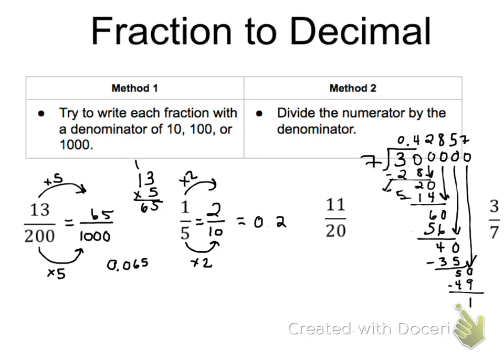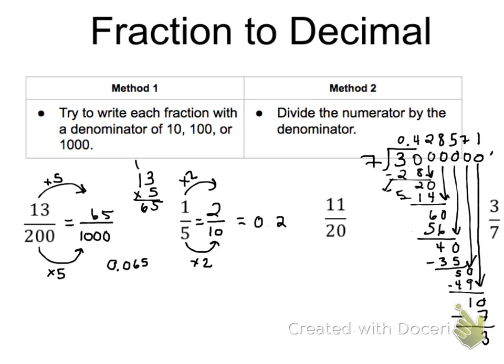I add a 0 and bring it on down. How many times can 7 go into 10? It goes in once. 1 times 7 is 7. 10 minus 7 is 3. This is the same as the number we started with. So this is what it looks like when we get a repeating decimal. Let's keep going though so you can see it.